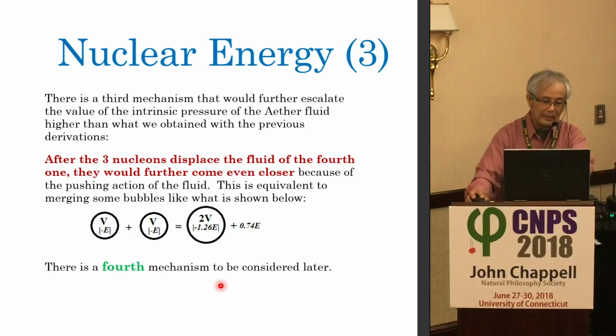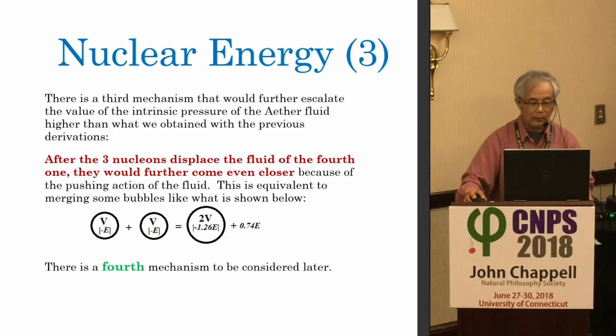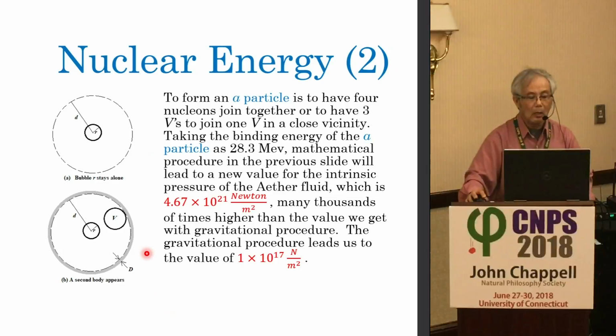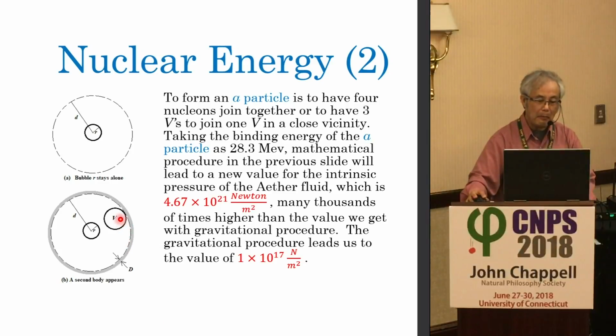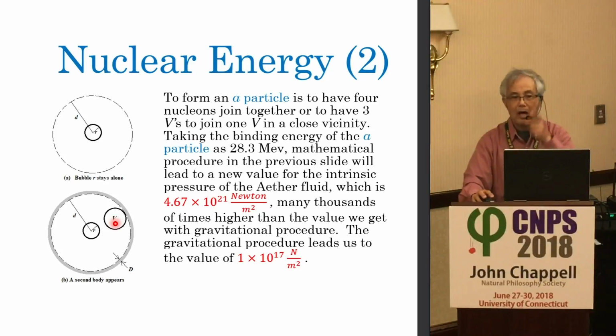And besides this mechanism, there's another mechanism. I said we'll consider it later, but I would say it over here altogether anyway. When this bubble is ejected into this big bubble, this bubble has to shake off the swarm of the ether particles that it originally carried.